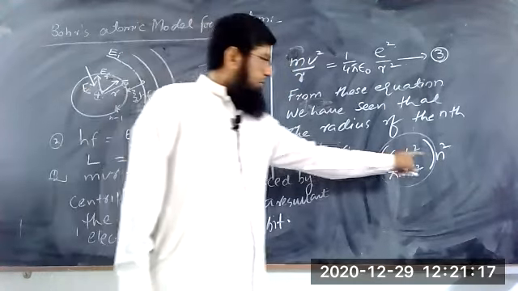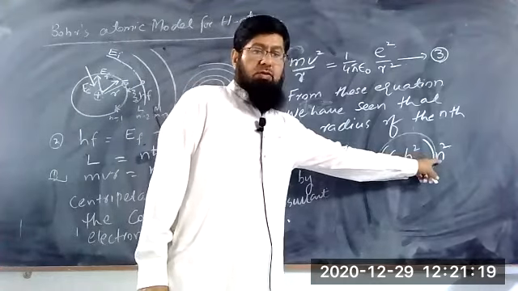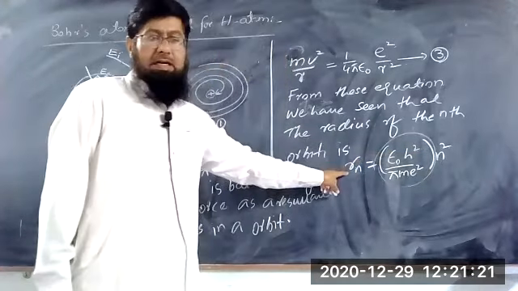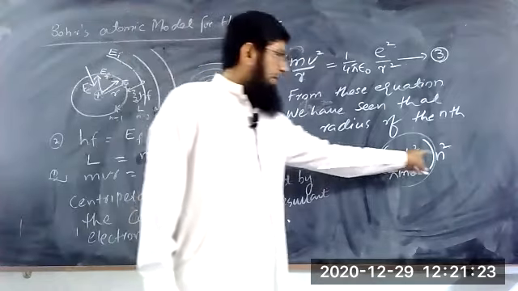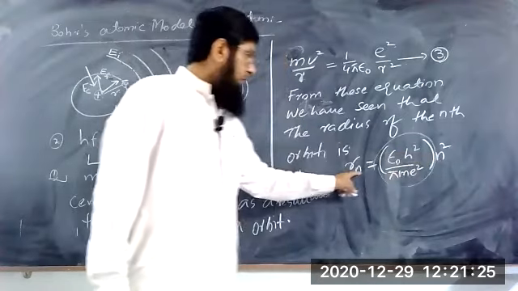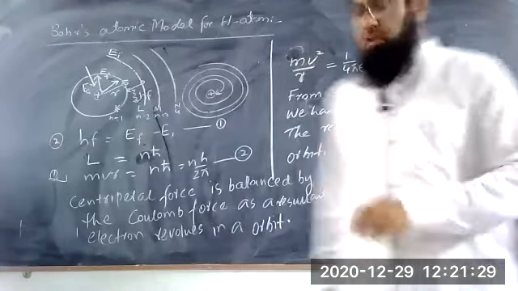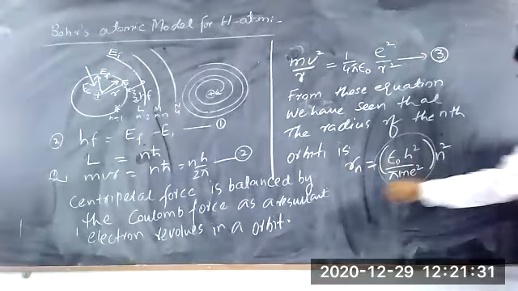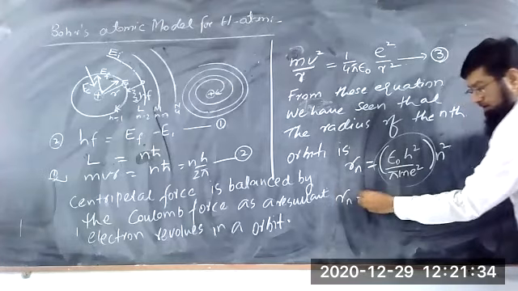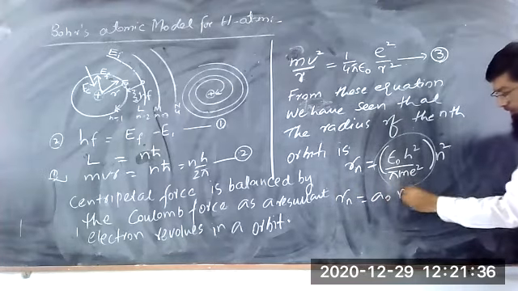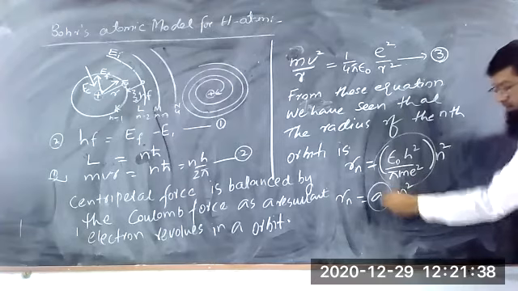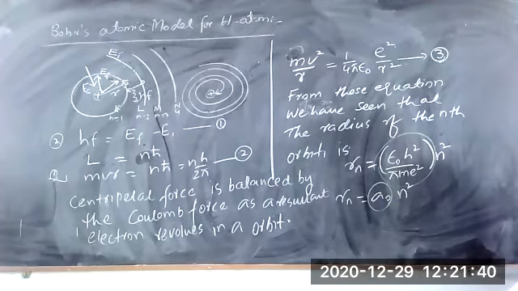If you substitute n is equal to 2, it will give you the radius of the second orbit. If you substitute n is equal to 3, it will give you the radius of third orbit. And this constant term is known as a naught, into n square. a naught is known as Bohr's first radius.